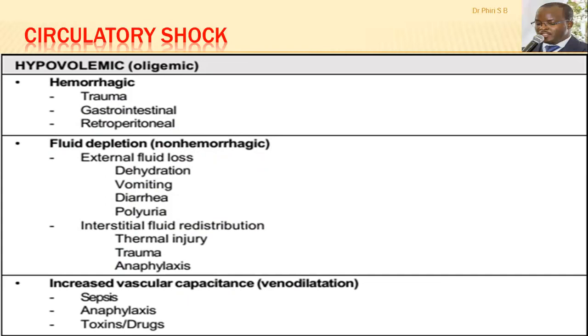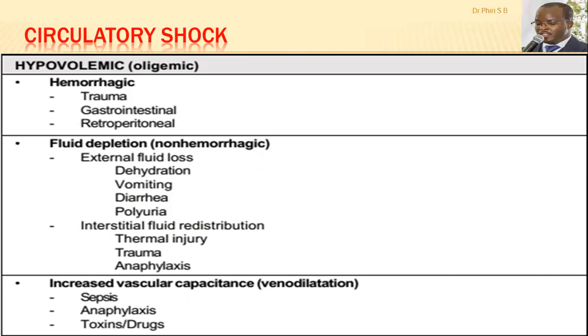Then increased vascular capacitance. When there is venous dilatation, it means that the veins are increasing in diameter. That will store more blood. So you find that the percentage of blood that is stored due to venous dilatation will be greater than 64% of total blood.